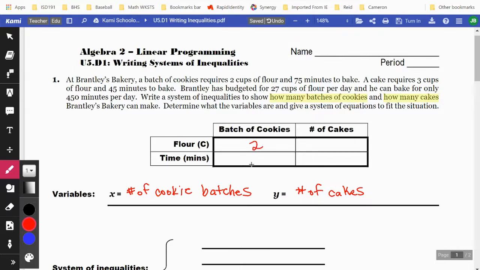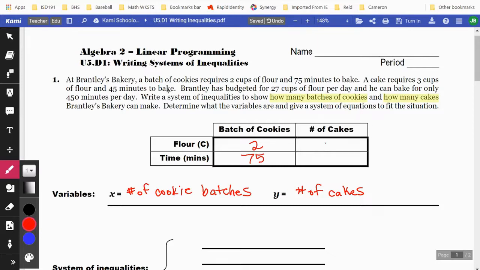Below that would be the amount of time required for a batch of cookies. I'm just lining it up like a multiplication table. It said a batch of cookies was 75 minutes to bake the entire batch. A cake requires 3 cups of flour and 45 minutes to bake.